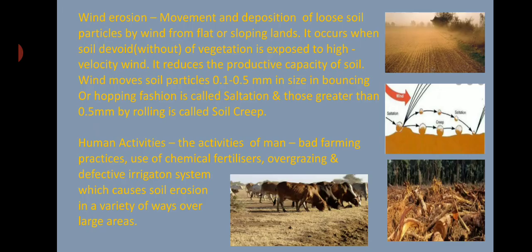Now then we see wind erosion. Due to continuous movement and deposition by wind, loose soil particles are carried by the wind from flat or sloping lands and get deposited somewhere else.